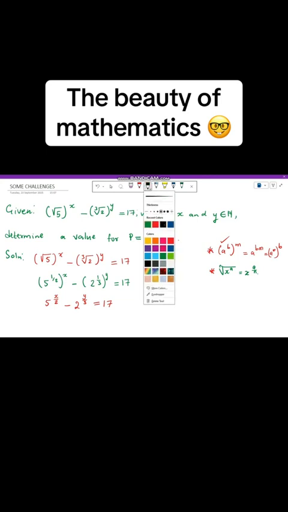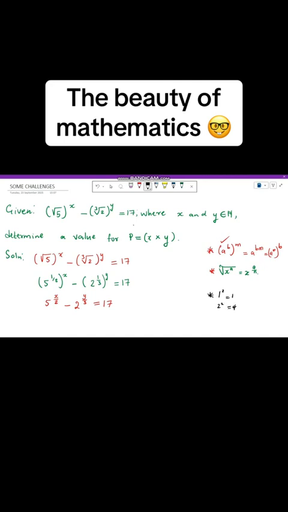Okay, so now before we proceed, we'll have to use a small trick. We know that 1 squared is 1. We also know that 2 squared is 4. We also know that 3 squared is 9.